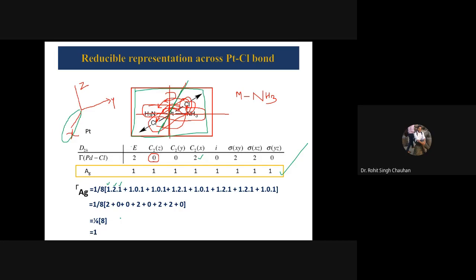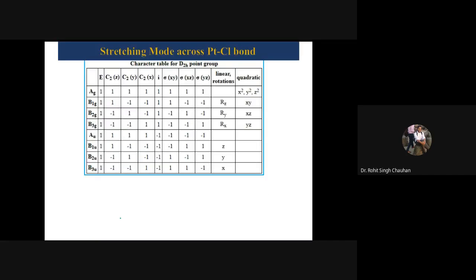Now this way you can put for other irreducible representations which are present in the D2h character table. Now see, this is the D2h character table. I have operated on Ag. One way is that you operate on every one: B1g, B2g, B3g, Au, B1u, B2u, B3u, and you will come across the answer.